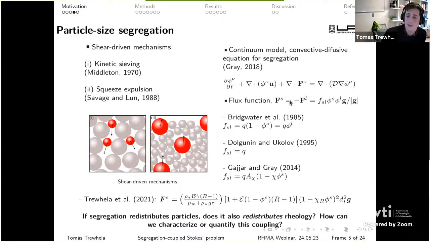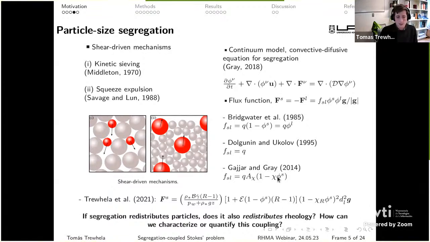And the segregation term has been a matter of research for the last three decades, starting with a cubic function here by Bridgewater, then a quadratic function by Dolgunin and Kolov, and lately, in the last decade, a cubic function again, but with an asymmetric term, which is the last term at the right.